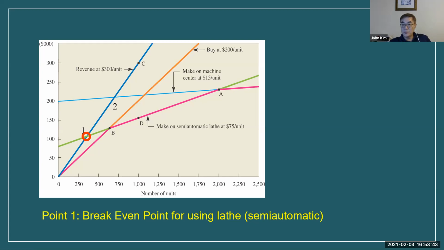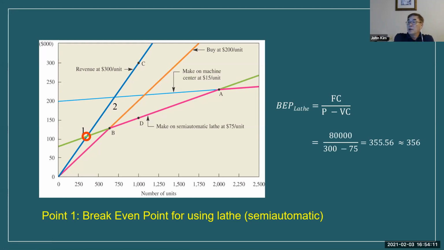So the break-even point for the lathe equals, using the formula, fixed cost divided by price minus variable cost. Fixed cost is 80,000, price is 300, variable cost is 75. So by calculation, approximately 356.